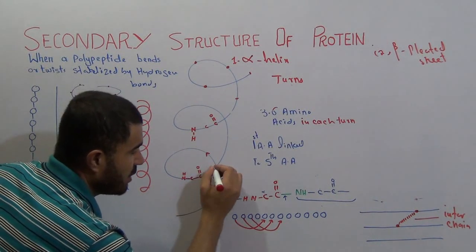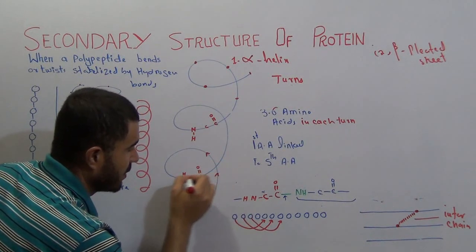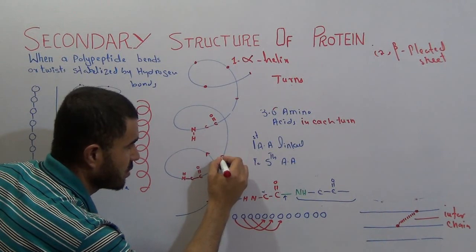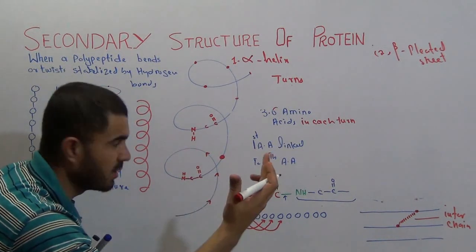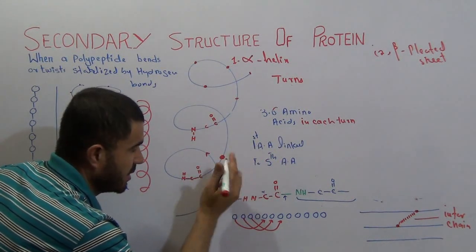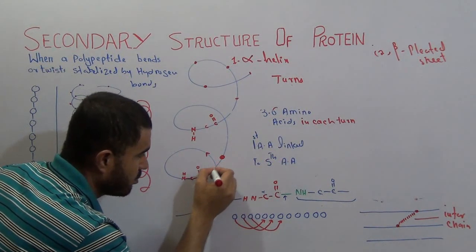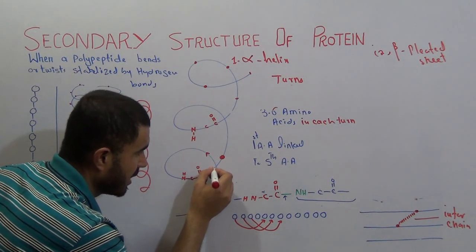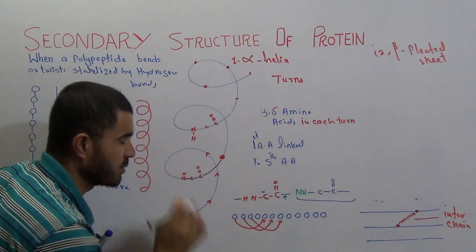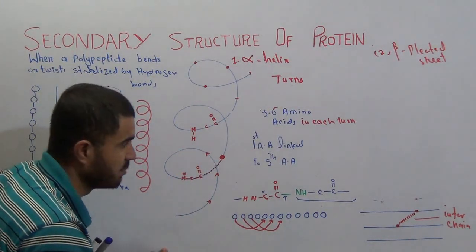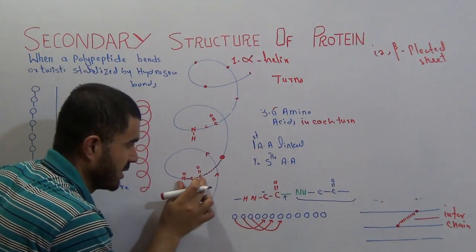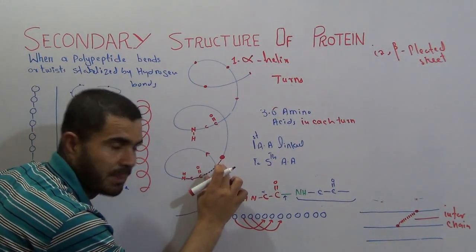So I'm just going to write here NH group. Now there will be another amino acid here. You can see there is another amino acid. I'm not going to write the complete structure. So if there is another amino acid, then this line, that blue line that I now made a dotted line, must represent the peptide bond.